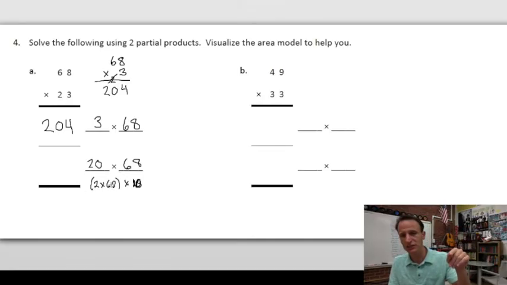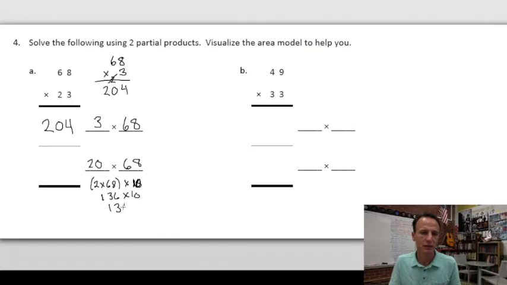I can double 60, 120. Remember that, 120. I can double 8, 16. Remember the 120? And now 16. 120 and 16 is 130 and 6 is 136. So 136 times 10. Ride that times 10 slide like we did way back when. Oh, those were the days. 1,360.